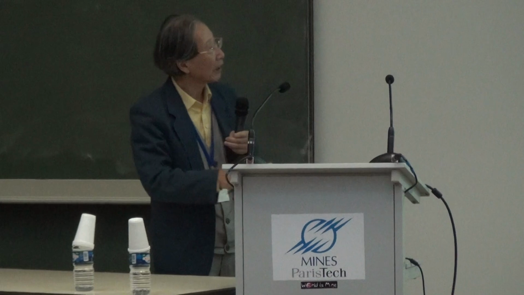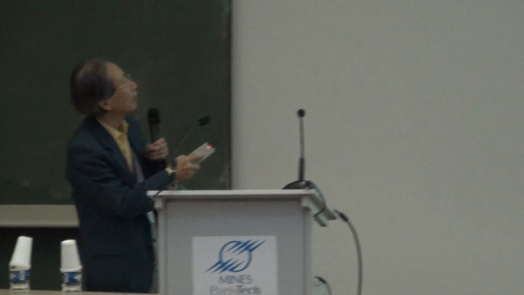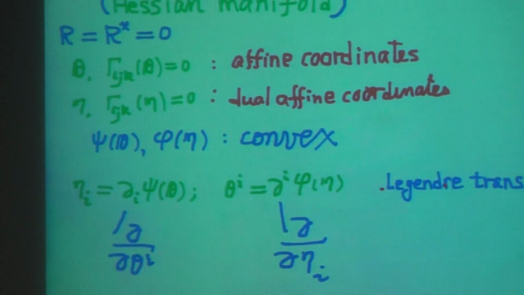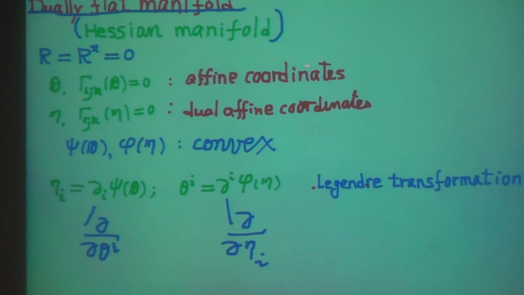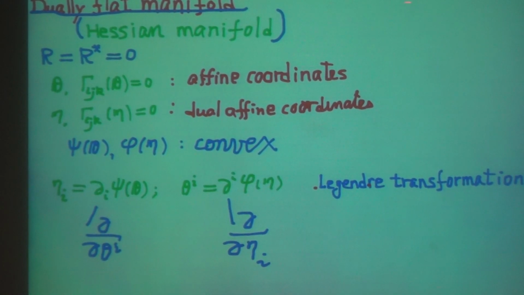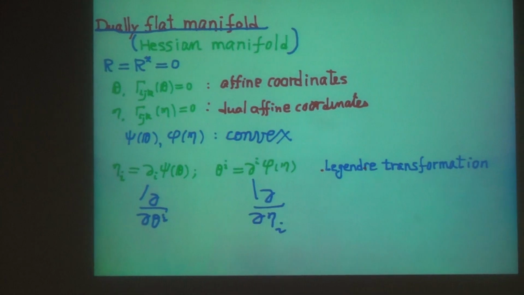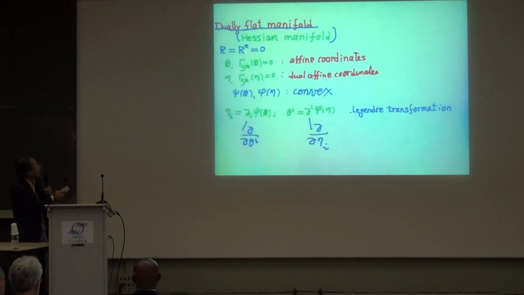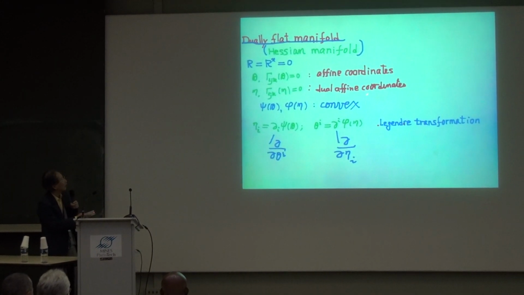Okay, so now we go to the dually flat manifold, or Hessian manifold. That is a manifold with two dual connections and also two curvatures vanishing. In such a case, we can actually prove that there is an affine coordinate system such that the affine connection is zero everywhere. And also, because R star is zero, there is another coordinate system, a dual affine coordinate system.